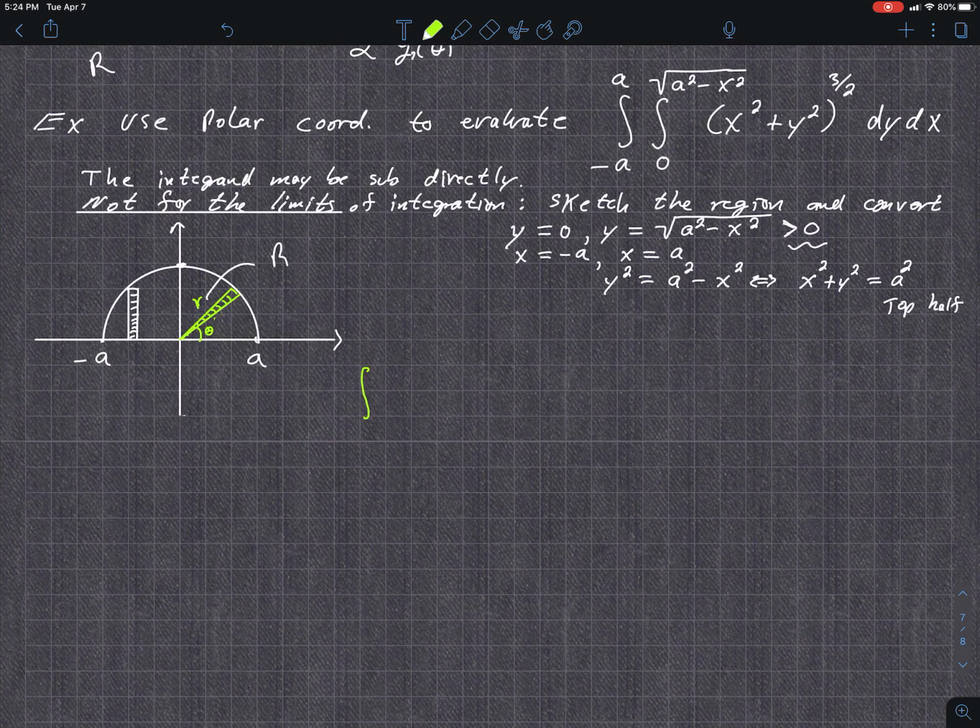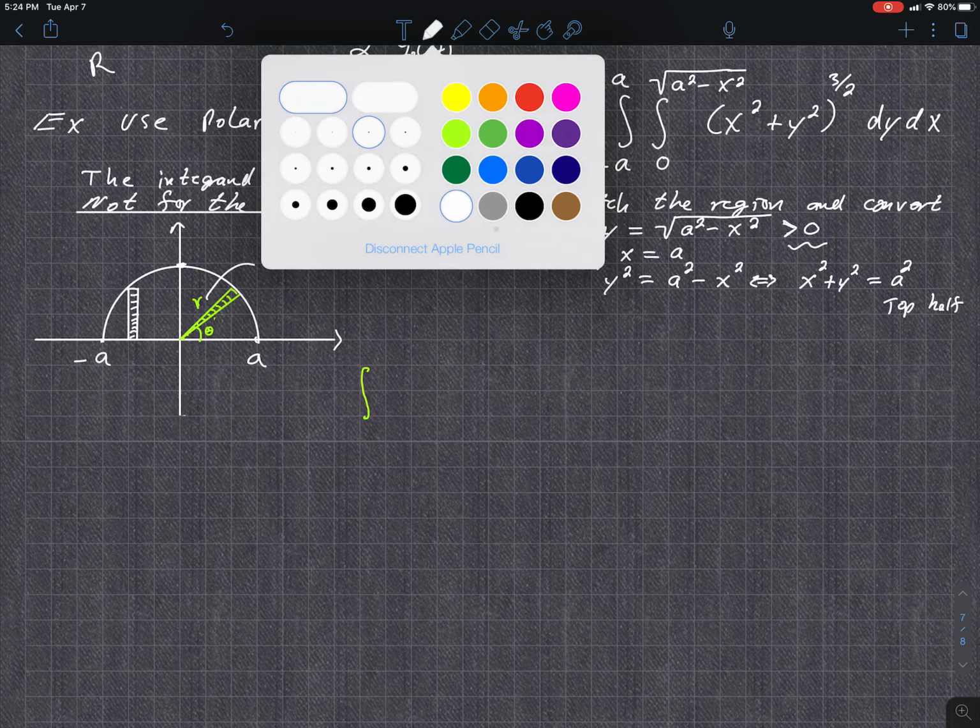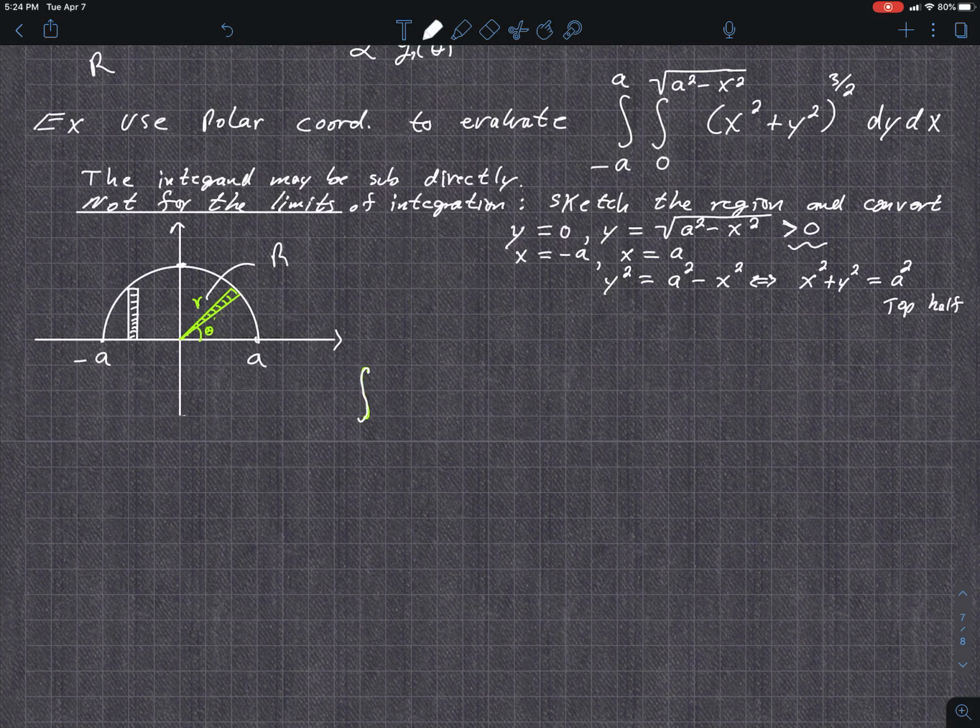So we have the integral from 0 to pi, that's your theta, your outside limit, and your inside limit is r equals 0 to r equals a.